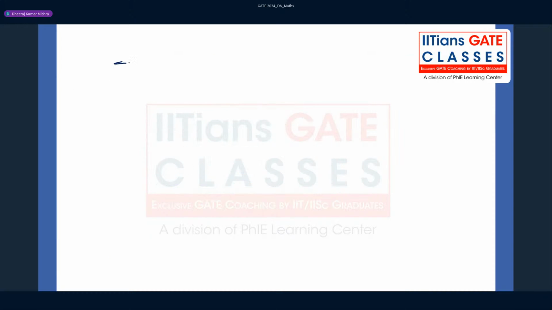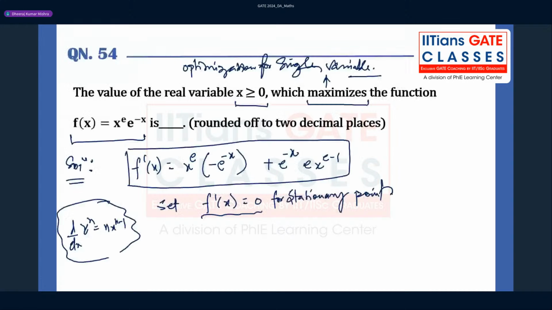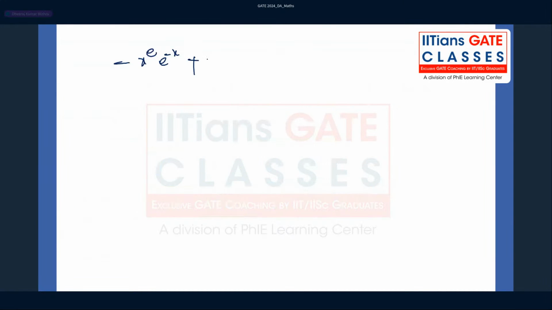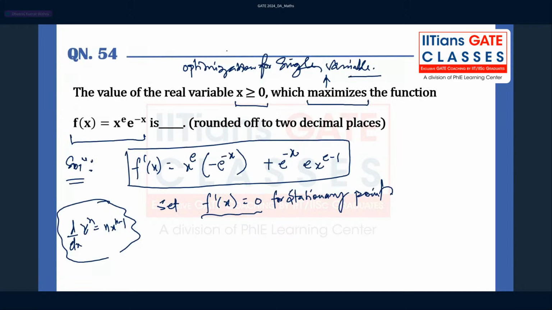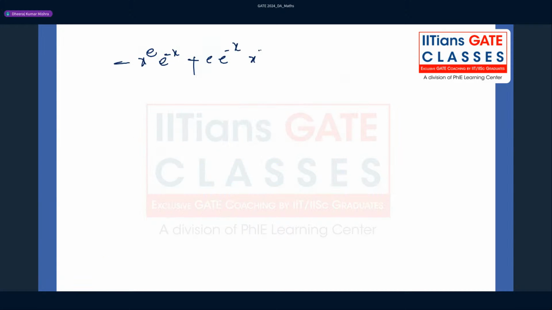This is nothing but minus x e to the power e, e raised to power minus x, plus e raised to power minus x, x to the power e minus 1, equal to 0.